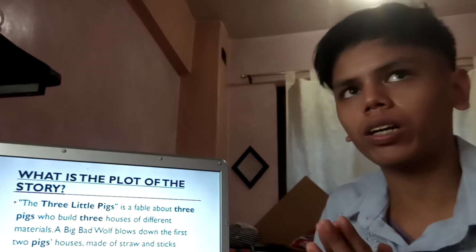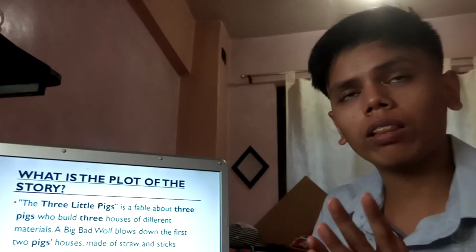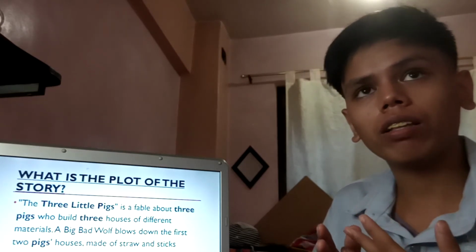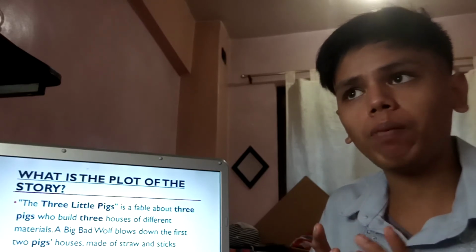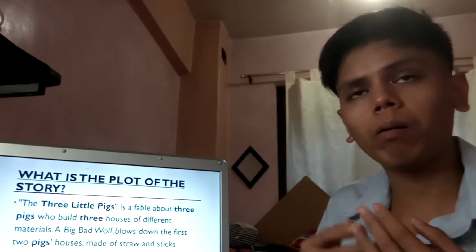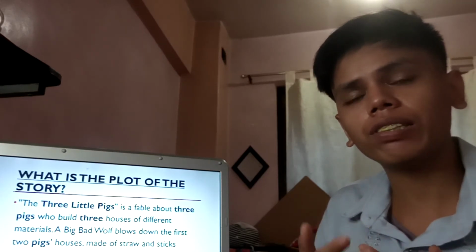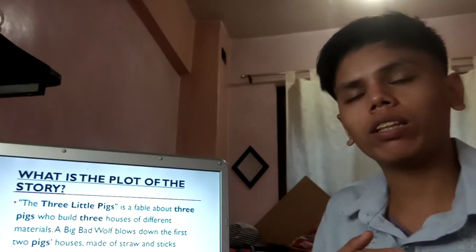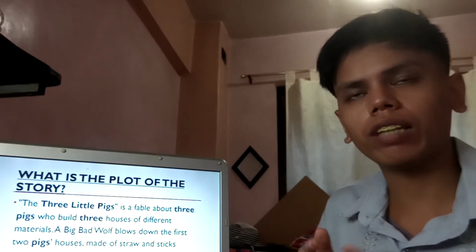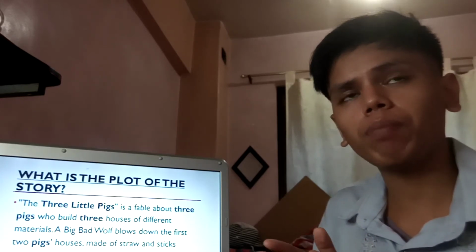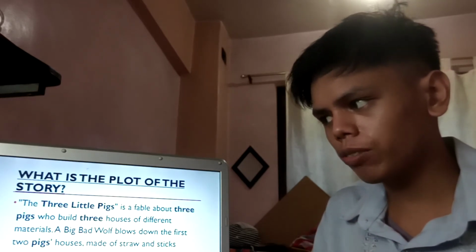So the plot of the story begins with the three little pigs deciding to leave their mother's house, and then the three little pigs decided to build their own houses. The first pig built his house out of straw, while the second pig made a house out of sticks, and then the third little pig decided to use bricks to build his house.